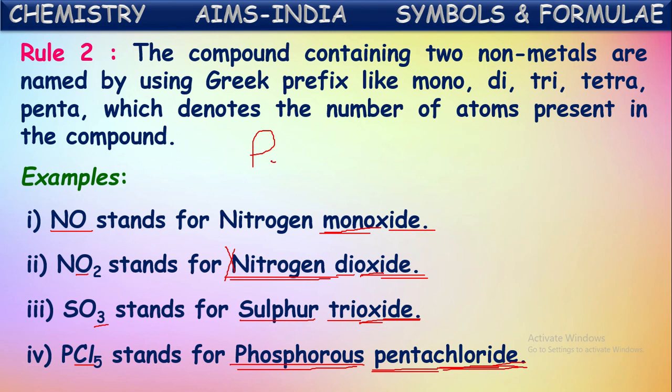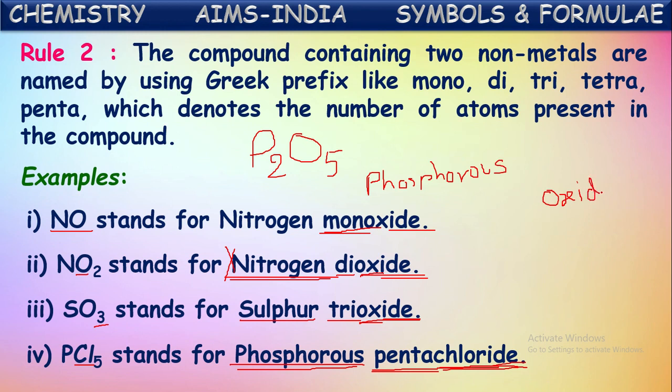Let us see one more example, the compound formed between phosphorus and oxygen. The first non-metal is phosphorus, so its name is written. The next non-metal is oxygen, so its name is written, but at the end of the second non-metal's name, ide is to be attached, by eliminating a few letters from the name oxygen.